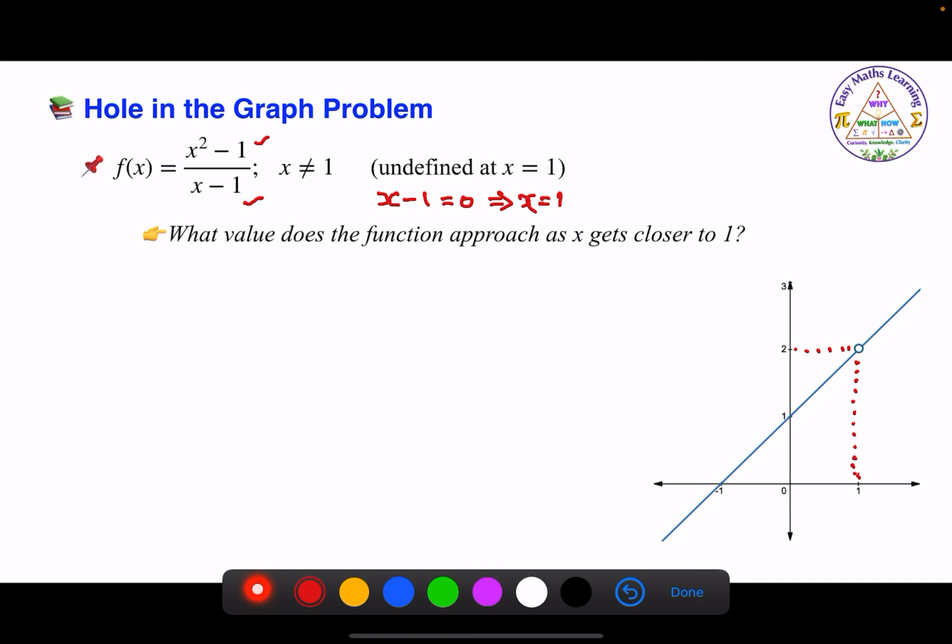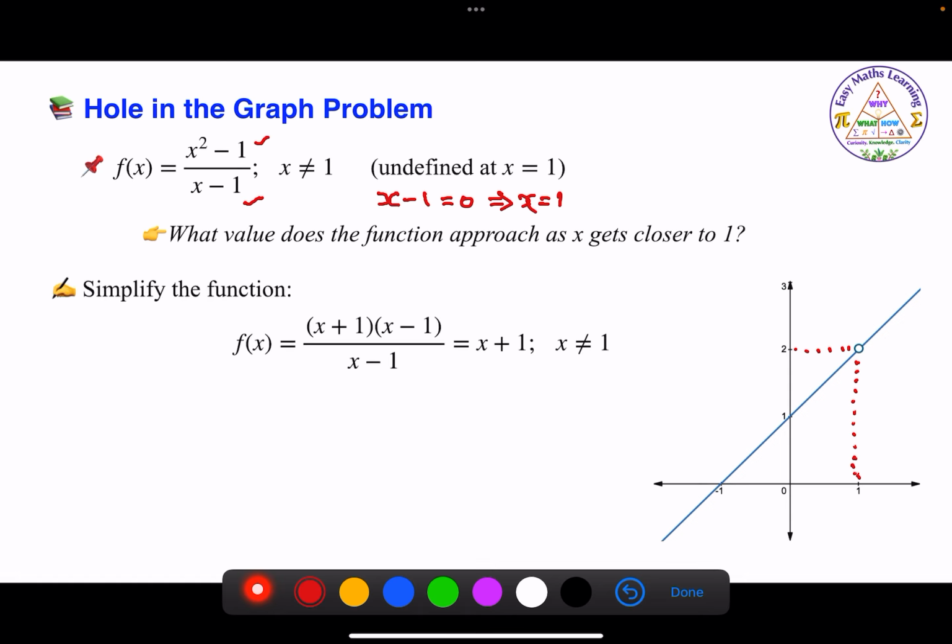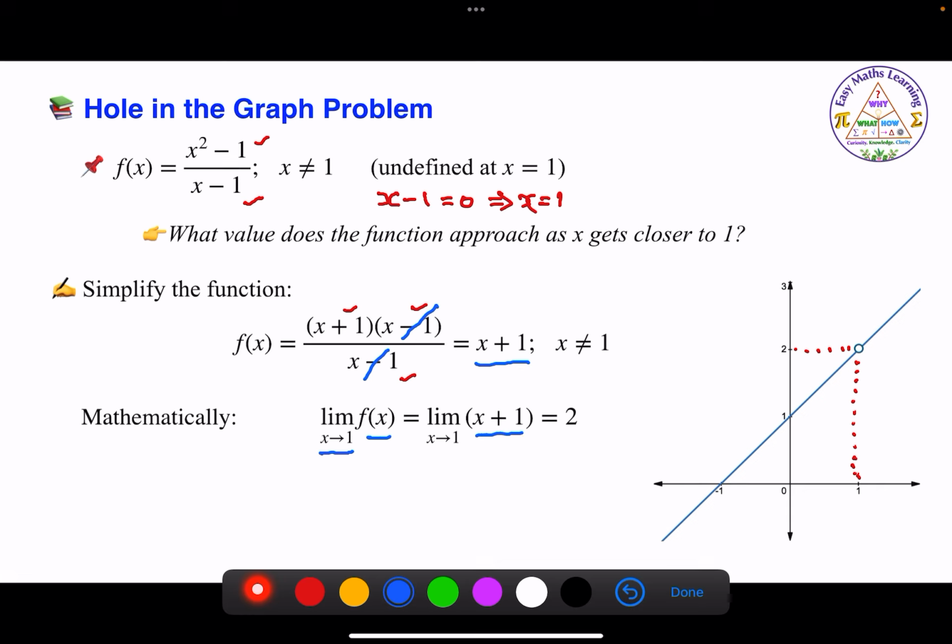Now question is, what value does the function approach as x gets closer to 1? See, if we simplify the function, x square minus 1, we can write (x plus 1) into (x minus 1). Okay, and cancelling the common factor here, so what we will get? x plus 1. Okay. So in terms of limit, mathematically we can write limit x tending to 1 of f(x). So f(x) is x plus 1 after simplification.